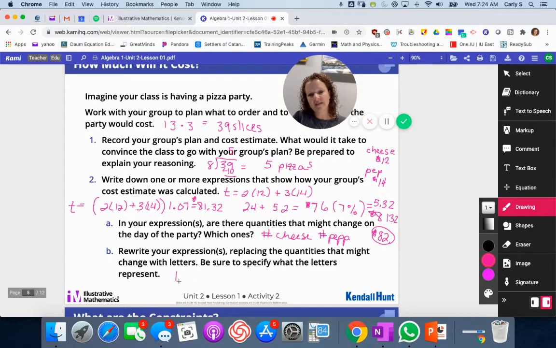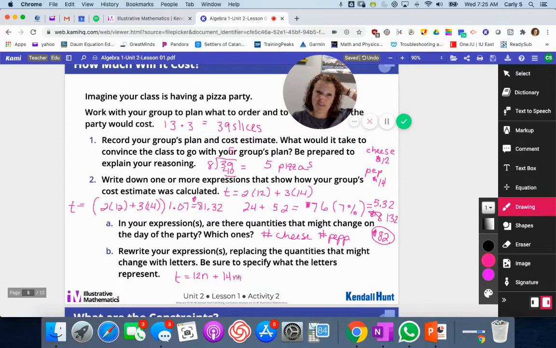Well, I'm going to say total cost would be, let's see, we need the number of cheese pizzas. We're going to say N is cheese times 12, so 12N plus 14M.